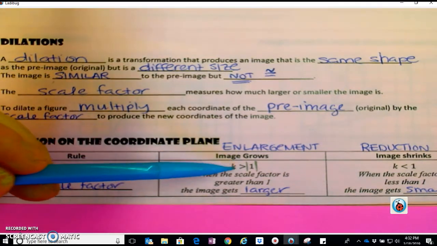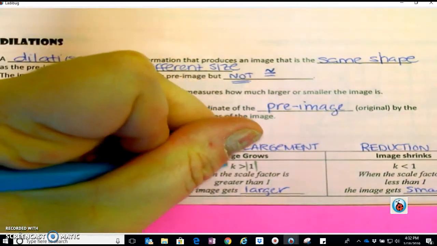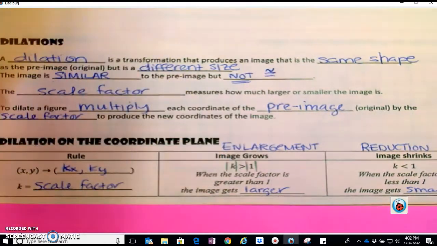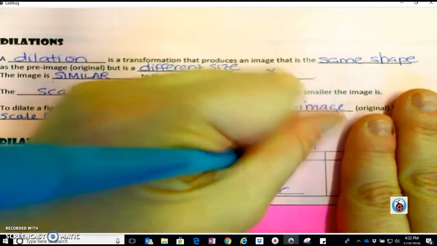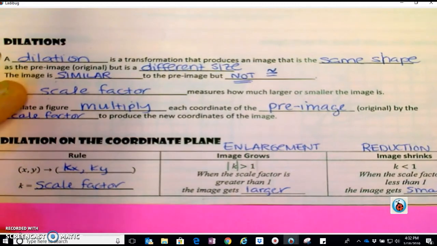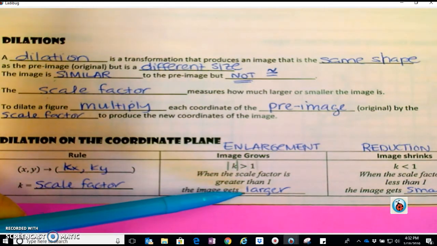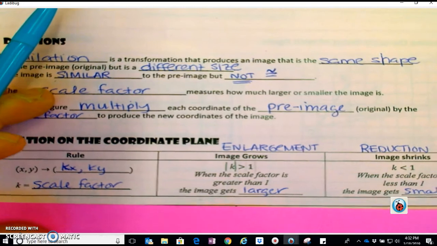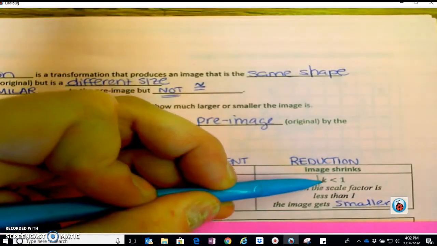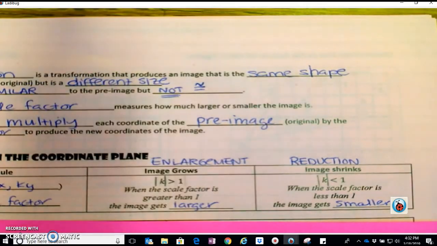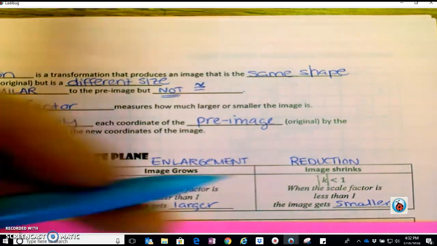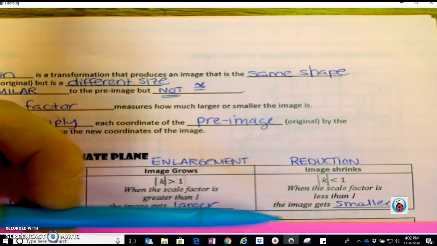If the absolute value of k is greater than 1, then it's going to make the shape larger. Now, if the absolute value of k is less than 1, basically meaning it's a fraction, we're going to make a smaller image.